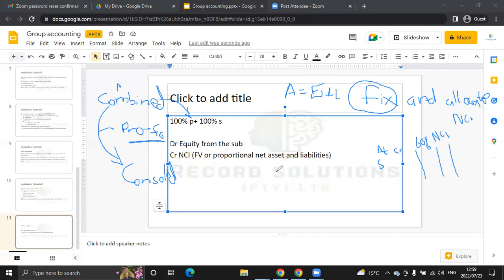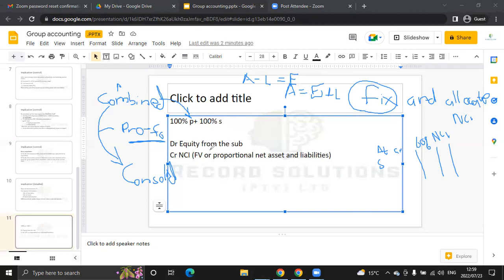It means assets minus liabilities. So assets minus liabilities, do you see that it's equal to equity? If we take the L, this side is going to be a minus, and assets minus liabilities is equal to equity, right? So what are they actually saying here? Give us the fair value or the proportional equity at acquisition, right? That's what they mean when they say net assets and liabilities.